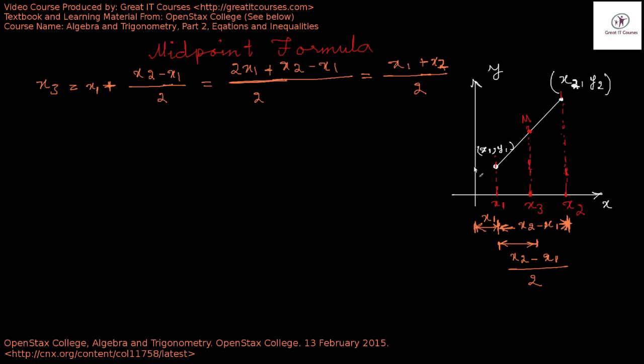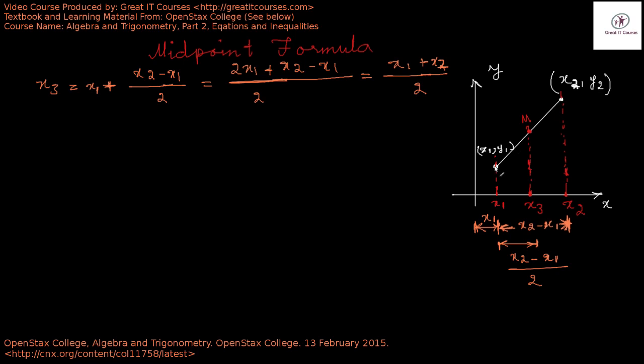So by the same logic, we can actually calculate the y coordinates of the point M. So again, M is in the middle of this starting point and this end point.